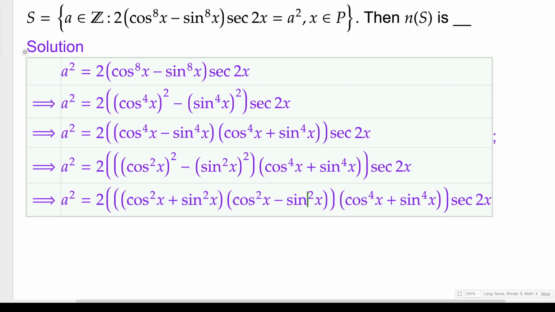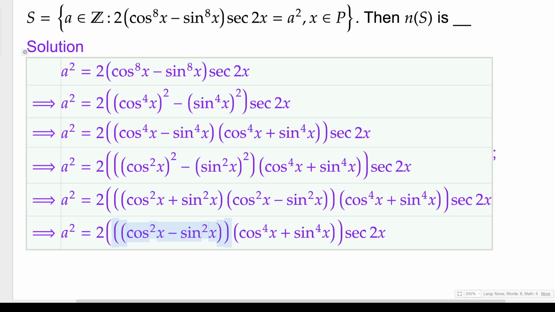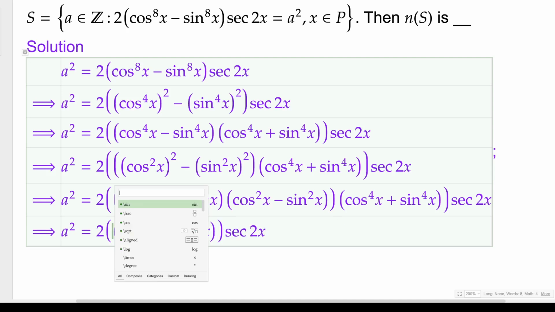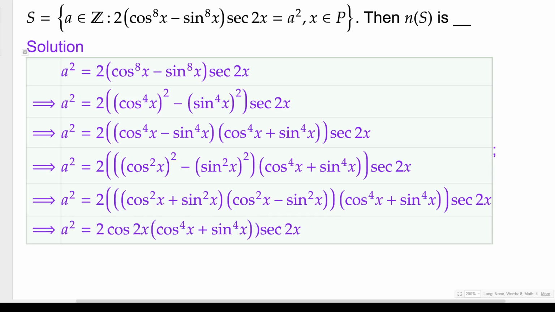So in the next step I'll replace it with 1. This is the identity that we already know. And this cos square x minus sin x squared can be written as cosine of 2x.